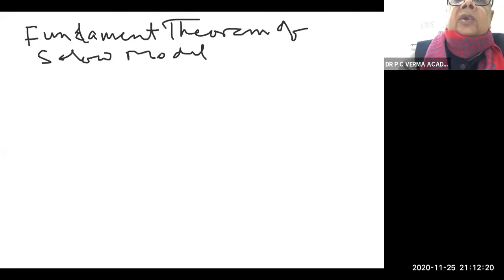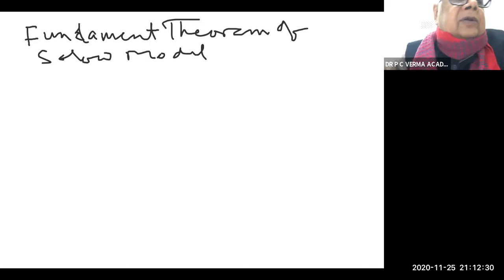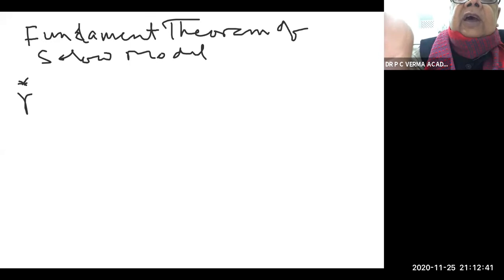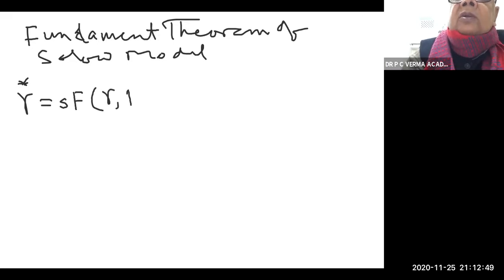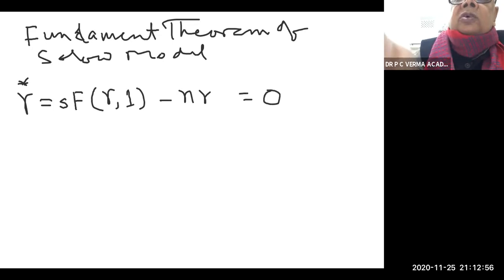It states the golden rule of capital accumulation, and he called it the fundamental theorem. R star is equal to SF R1 minus NR is equal to 0.